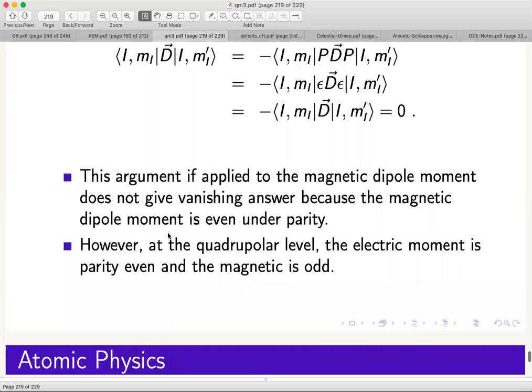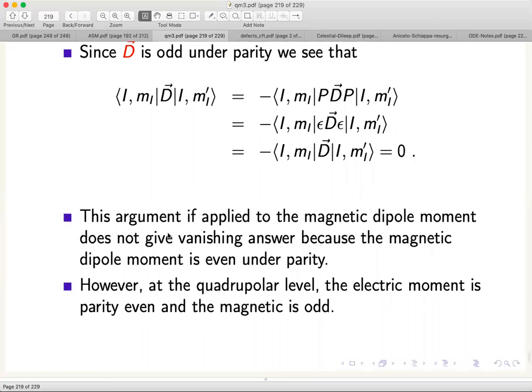So staggering means that if you look at any particular multipole level, then if the electric multipole is parity even, then the magnetic multipole is parity odd.